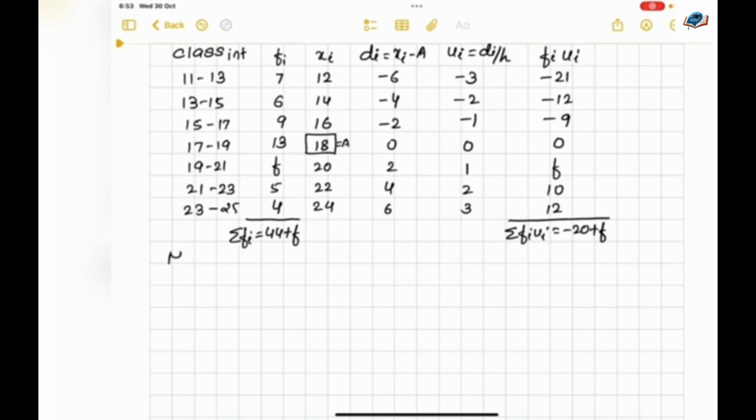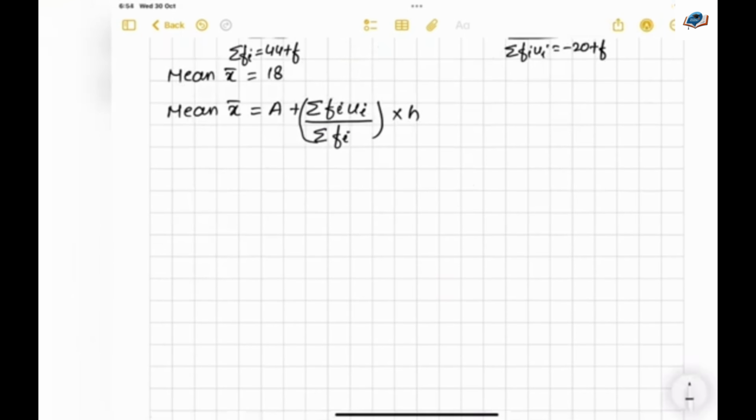So now mean is given, x bar is given as 18. So I am using the formula mean x bar equal to a plus sigma fi ui upon sigma fi into h. So I am putting the values. 18 equal to a was 18 plus minus 20 plus f upon 44 plus f into 2.